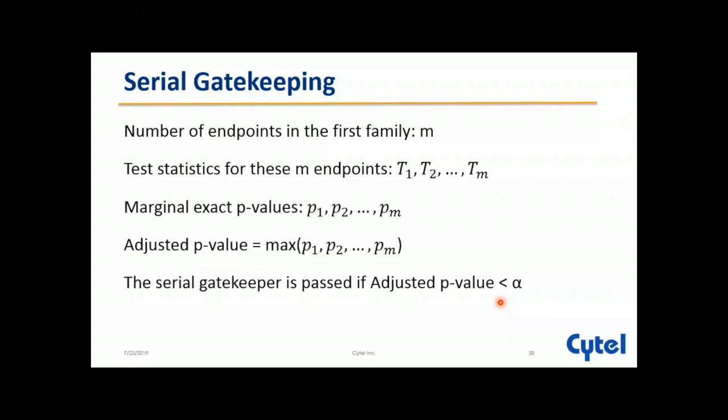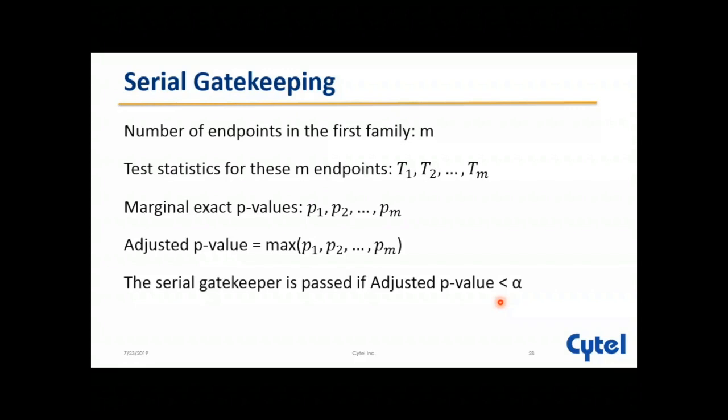While for exact computation, if we want to keep the underlying correlation structure of these endpoints intact, we should first prepare a joint distribution of all the endpoints and then compute the marginal p-values from the marginal distribution of each endpoint. So if such marginal p-values are available, these marginal exact p-values are shown here by p1, p2, pm for m endpoints.